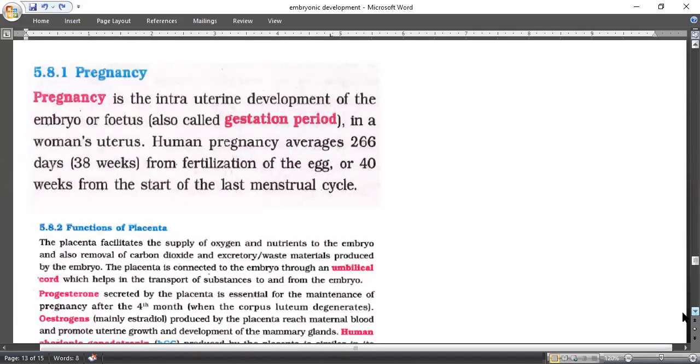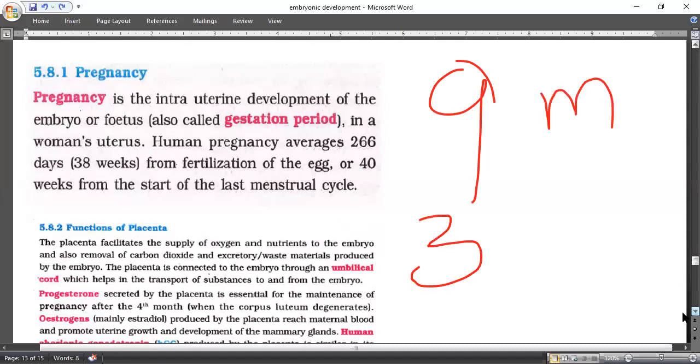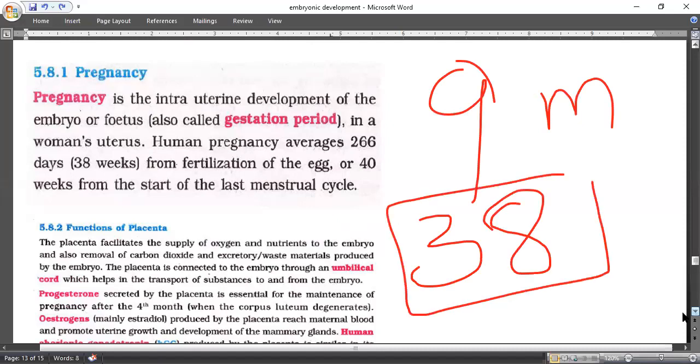Okay, finally, we are giving the conclusion with small issues here. We need to discuss the pregnancy. Pregnancy is the intrauterine development of the embryo or fetus, also called the gestation period. Generally we say 9 months, isn't it? 9 months means 36 weeks in general, but it is said to be 38 weeks in the human uterus.